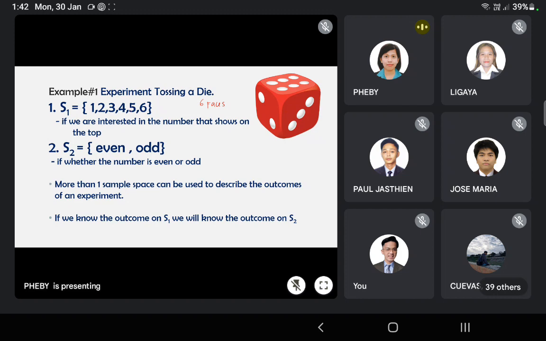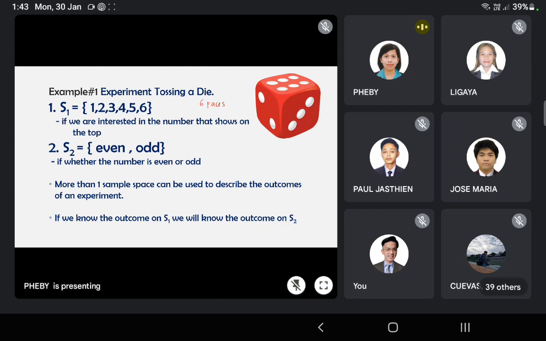Since there are 6 faces ng isang die, meron siyang 6 na possible outcomes.